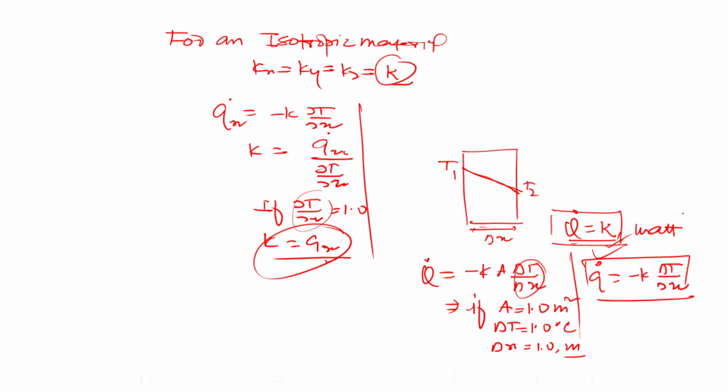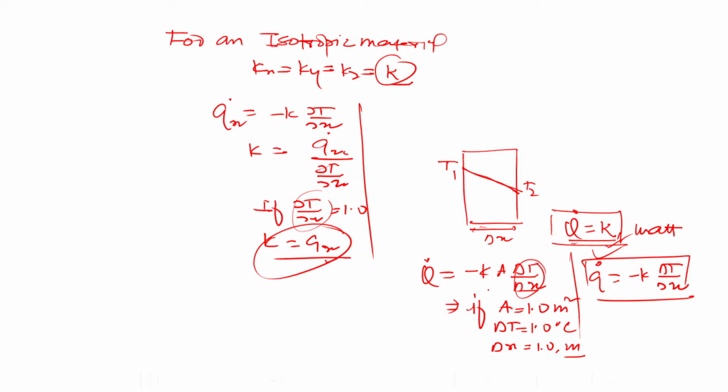So more the K, more the rate of heat transfer if we have maintained the temperature gradient as unity. For a given temperature gradient, if K becomes twice, then the rate of heat transfer becomes twice, because for a given temperature gradient, the rate of heat transfer is proportional to thermal conductivity.